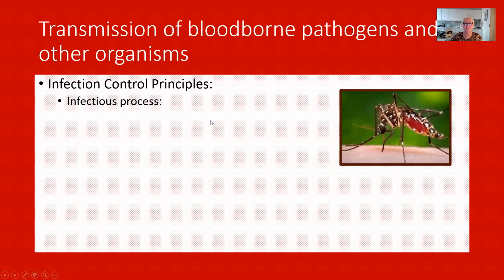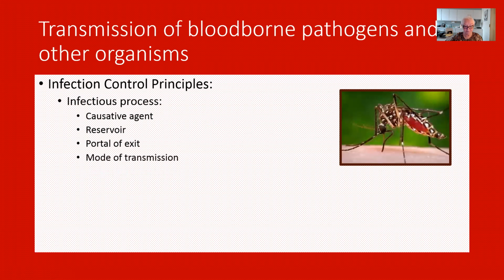We will discuss the infection process, what we need in order for someone to be sick. The first thing we need is a causative agent. We need a reservoir, a portal of exit, a mode of transmission, a portal of entry, and a susceptible host.